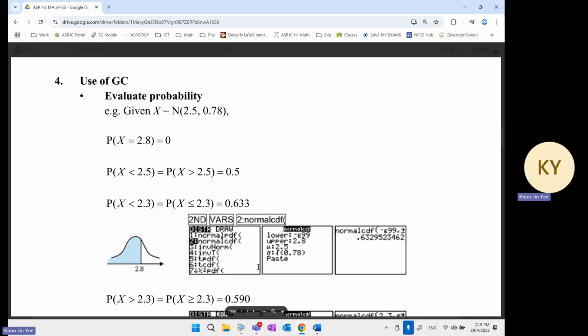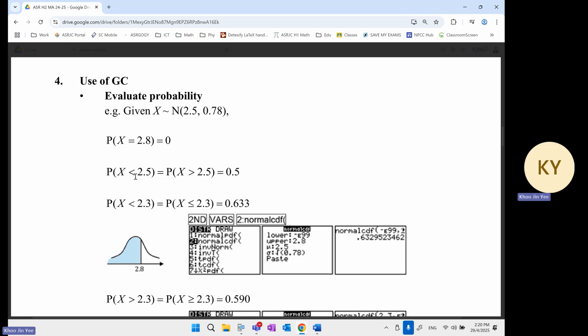Now thankfully you have GC. For example, given x follows the normal distribution of 2.5 and 0.78. So 2.5 is the mean, 0.78 is your variance. The probability of a particular value, 2.8, is 0. As you know. Now the probability of x less than 2.5 and greater than 2.5.